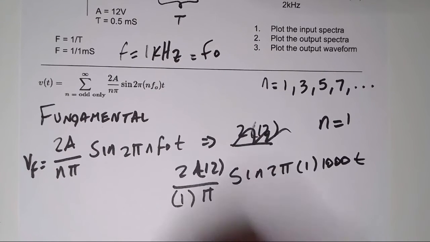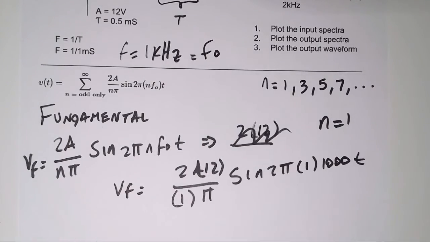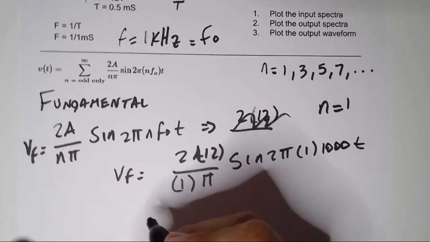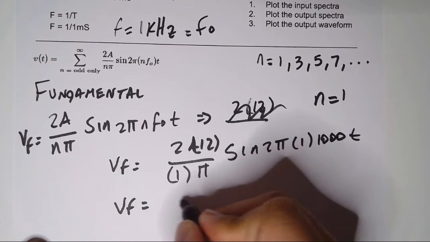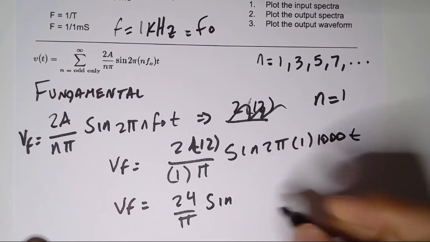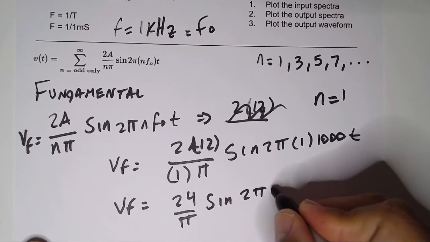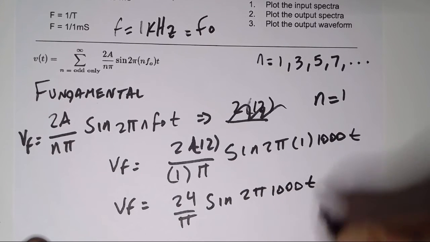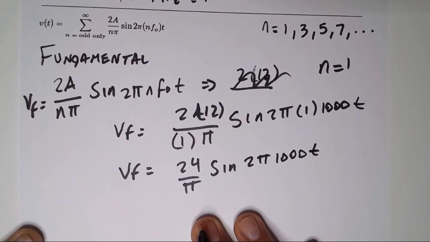So this is what we have, and let's continue working this expression. So we have that the fundamental is equal to 24 over pi times sine 2 pi times 1000 times t. That's it for the fundamental.